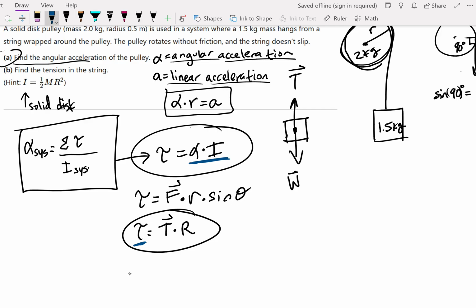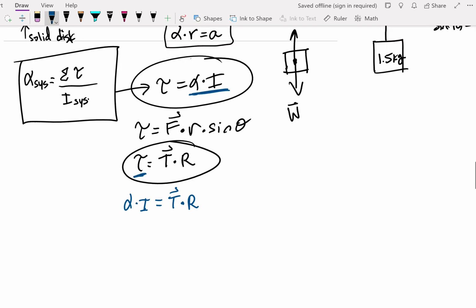We have angular acceleration times the inertia is equal to the tension of the string times the radius of the disc. And then divide both sides by the radius. So we are left with the tension of the string is equal to the angular acceleration times the inertia divided by the radius.